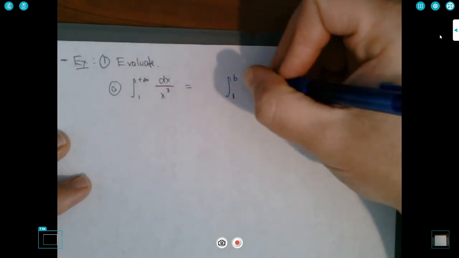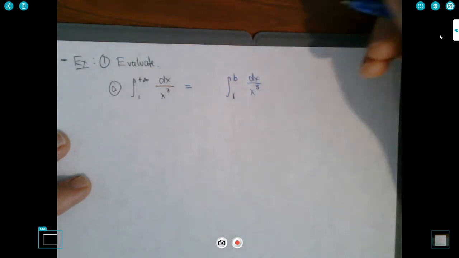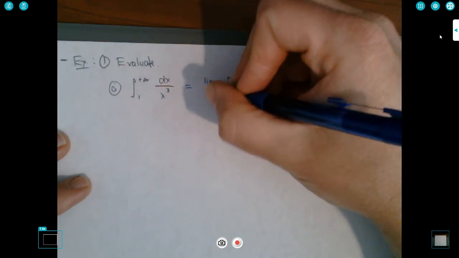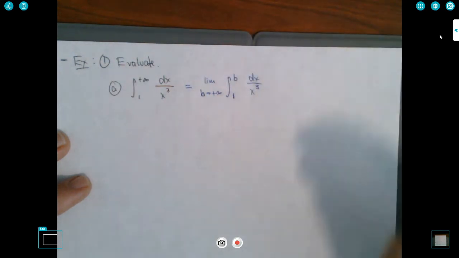Then we're going to evaluate the integral, of course. But when we're done evaluating the integral, we'll take the limit as b goes to positive infinity, right? And that's all there is to that.